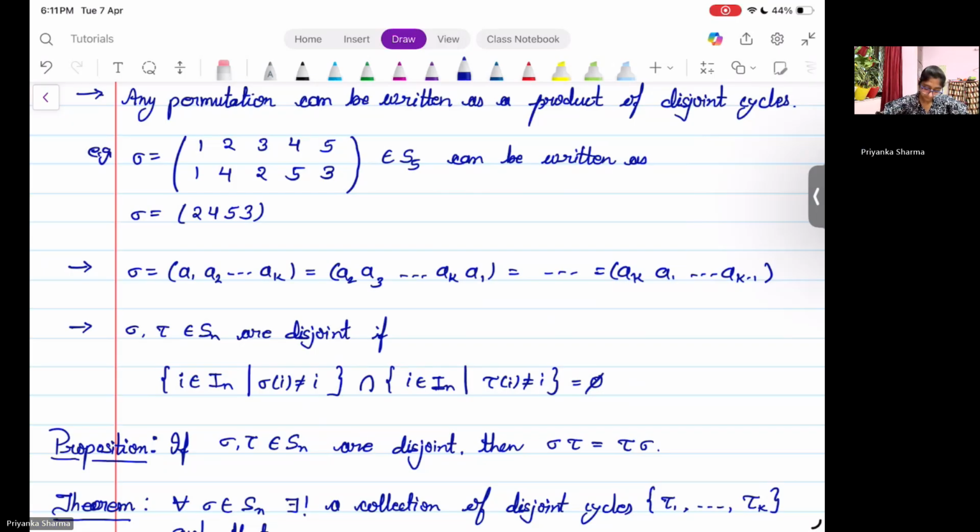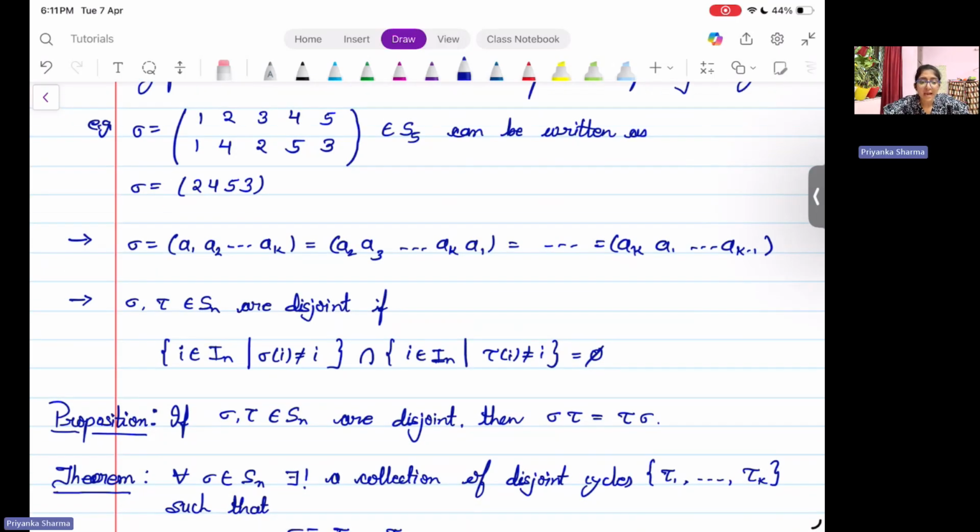And we say that two permutations are disjoint if these two sets are disjoint. That is, the set of i belonging to In for which sigma of i is not i, and the set of i belonging to In for which tau of i is not i.